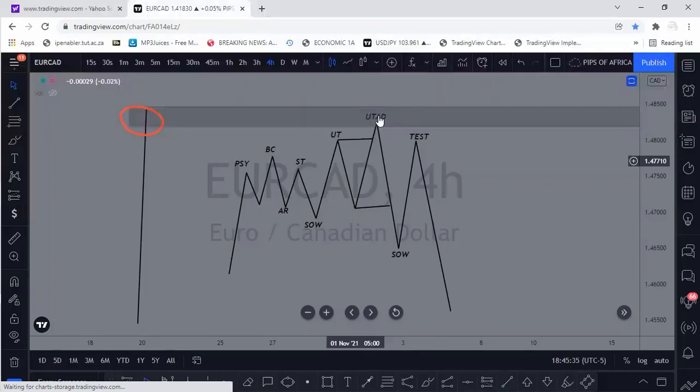If you see two breaks of market structure, you must know that there is a possible Wyckoff schematic there. You might be seeing a Wyckoff schematic occurring there, because you got what? Two breaks of market structure at the same time. You got a break of market structure to the upside, and a break of market structure to the downside. Then this break of market structure is the true one, this one here.